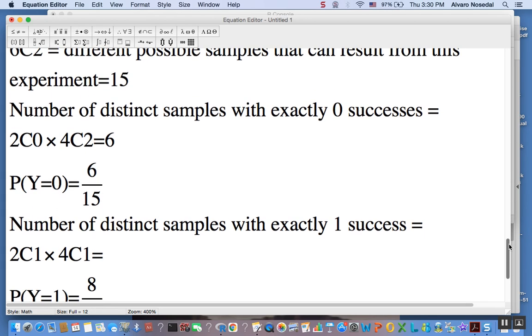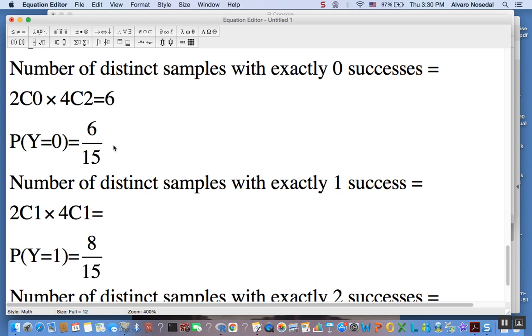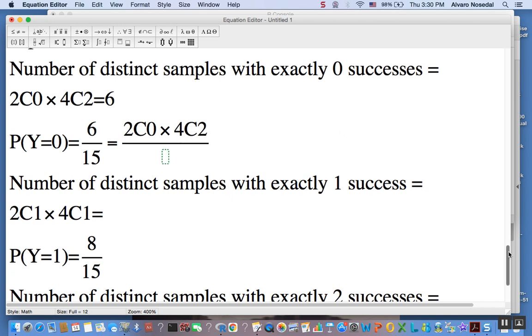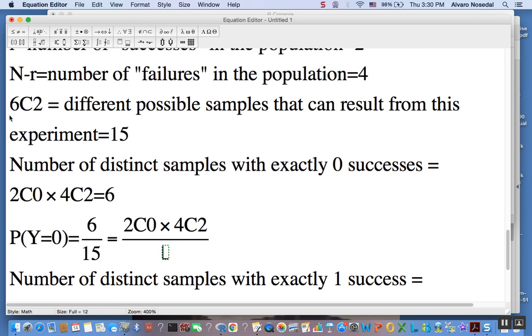Now note that what we have here, for instance in this case, is just the following ratio: 2 choose 0 times 4 choose 2 divided by 6 choose 2. Make sense?